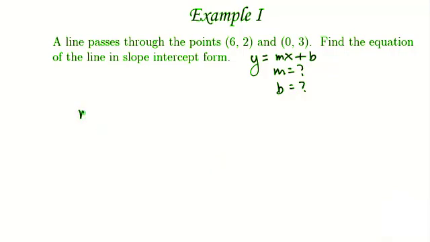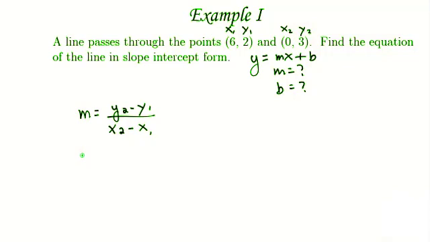First, looking at m, the slope, using the slope equation, y2 minus y1 divided by x2 minus x1. So I have two ordered pairs. I can call them x1, y1, and x2, y2.